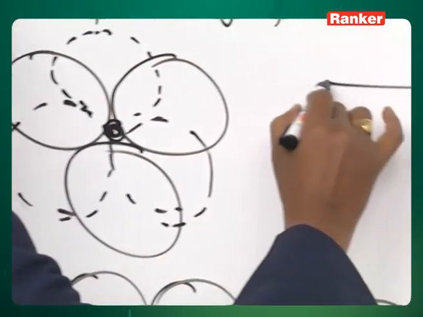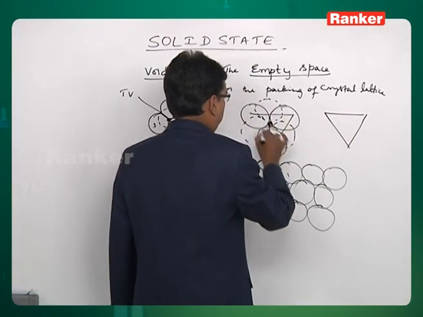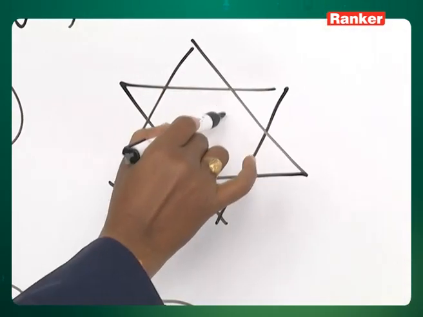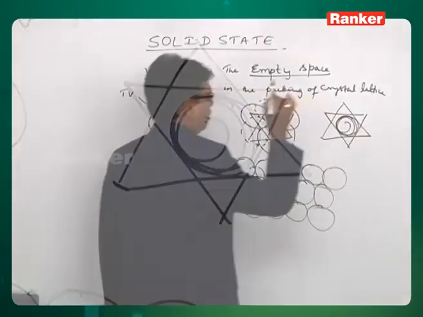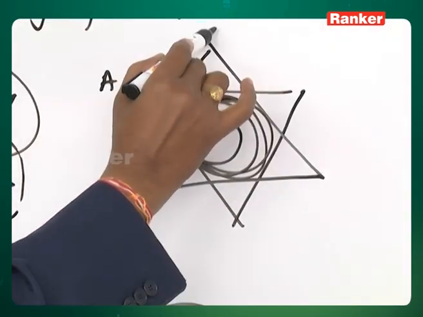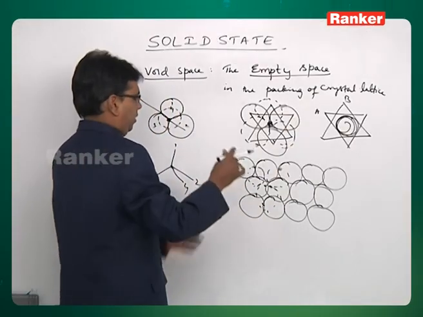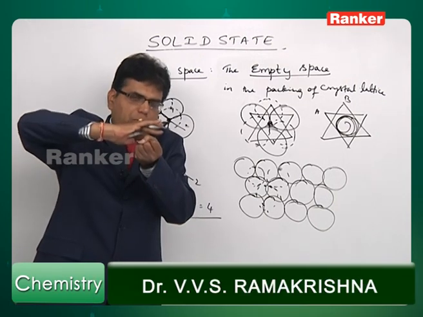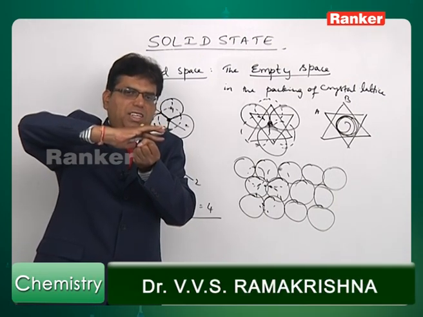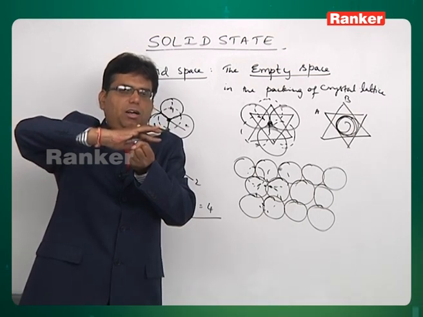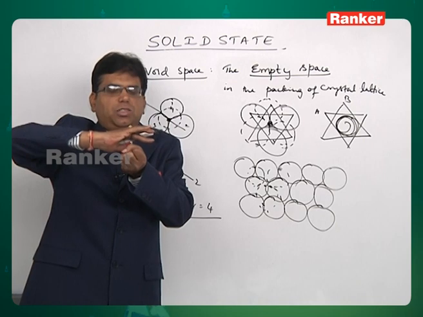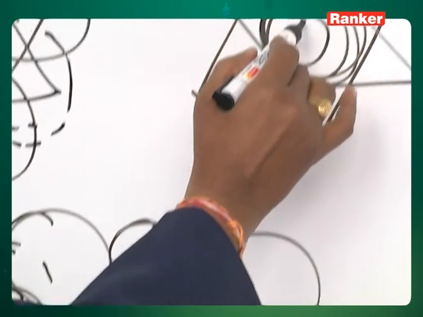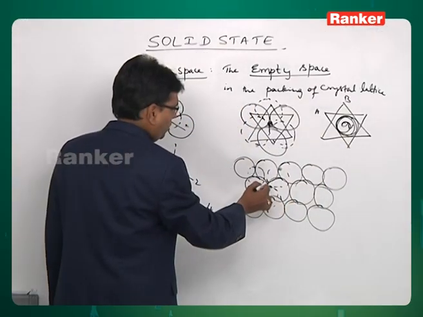So 3 spheres like this are in layer A, and this is layer B. In between, whatever space is left, this is layer A, this is layer B. Then 3 spheres like this and 3 spheres like this, total 6. In between, if you keep one particular sphere, that sphere is placed in the octahedral disposition of 6 mutually touching spheres of 2 different layers. That is what we call an octahedral void. So this is the space.